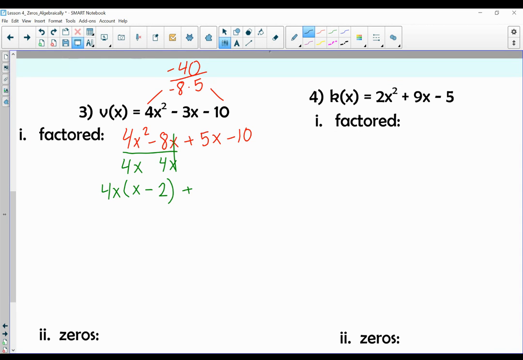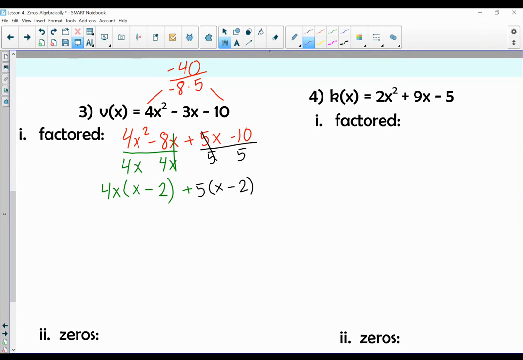So now I just need to see, all right, well, what is in common over here? Well, clearly, 5 and 10 both have 5 in common. So I'm going to factor out 5. And I will be left with x, because 5 divided by 5 is 1, minus 10 divided by 5 is 2.